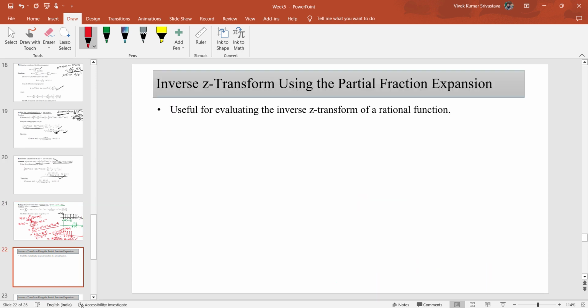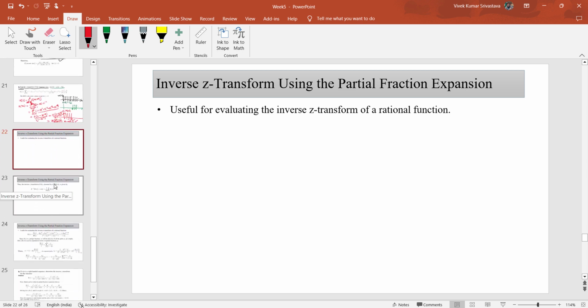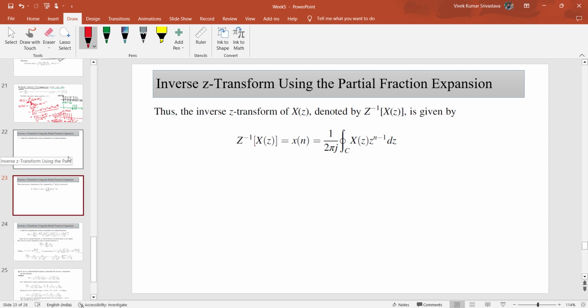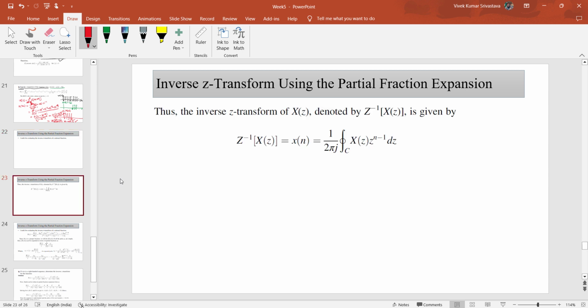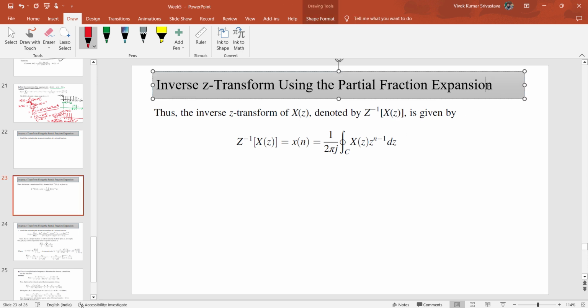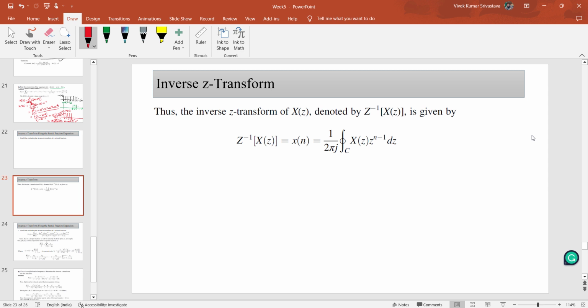So now moving ahead, the next topic is the inverse z transform. Basically, suppose this X of z is known to you.